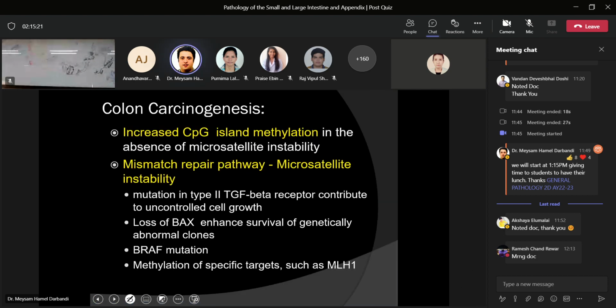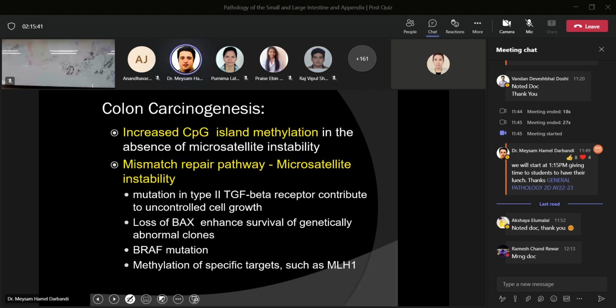So in colon carcinogenesis, increased CpG island methylation in the absence of microsatellite instability. See? Mismatch repair pathway. By the way, where will mismatch repair occur? In which phase of the cell cycle? In G2.